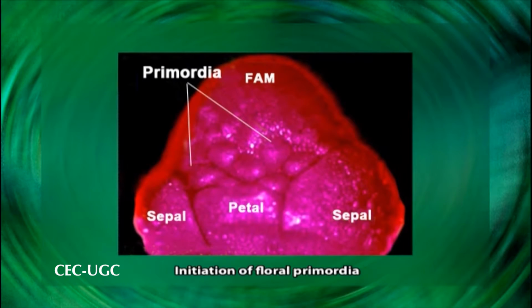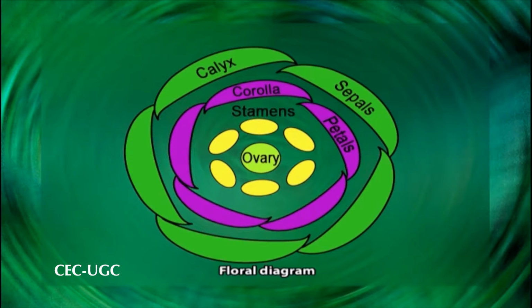It is the floral meristem from which the flower develops. The floral meristem undergoes a series of developmental changes that eventually give rise to the four basic structures of the flower, that is sepals, petals, stamens and carpels. Each of these structures is derived sequentially from a whorl that develops from the floral meristem.